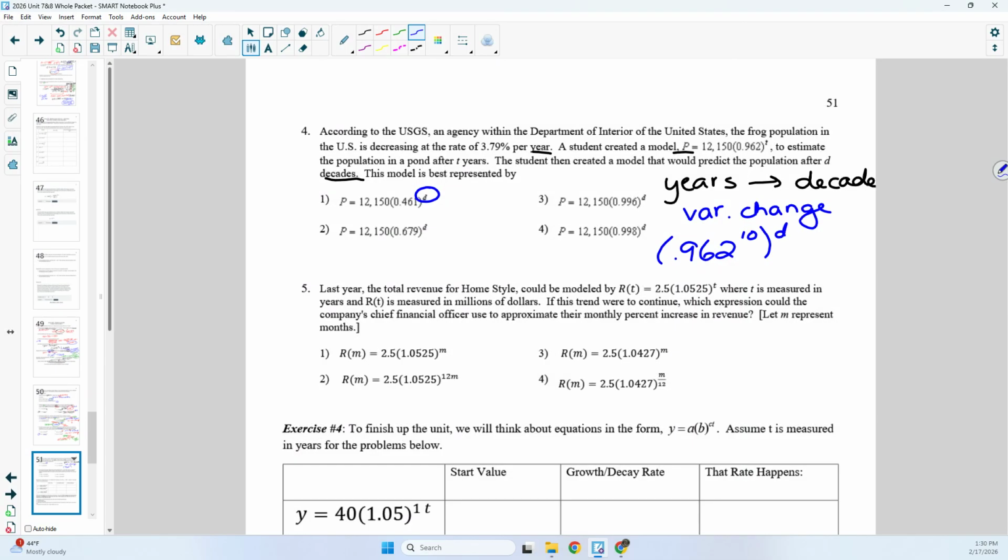And now instead we're using a D, so this does represent the correct number. Start number will still be the same. So when I take this in, that is going to give me the 0.679 to the D.